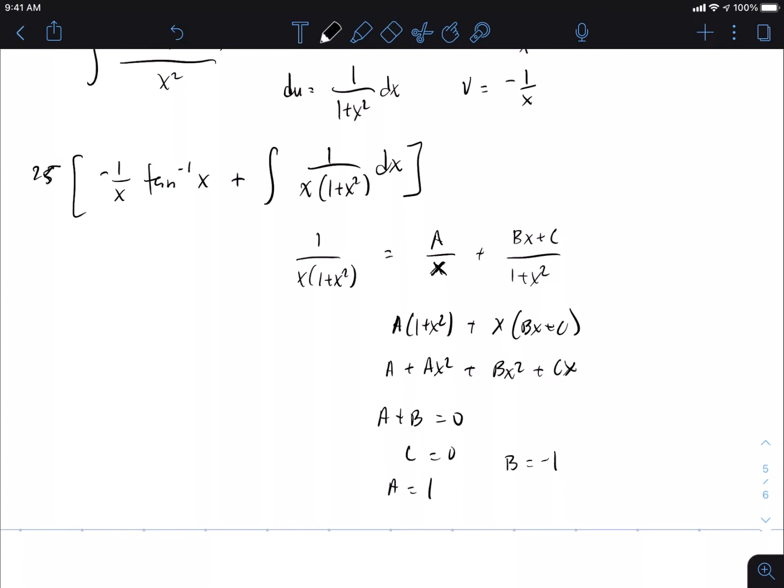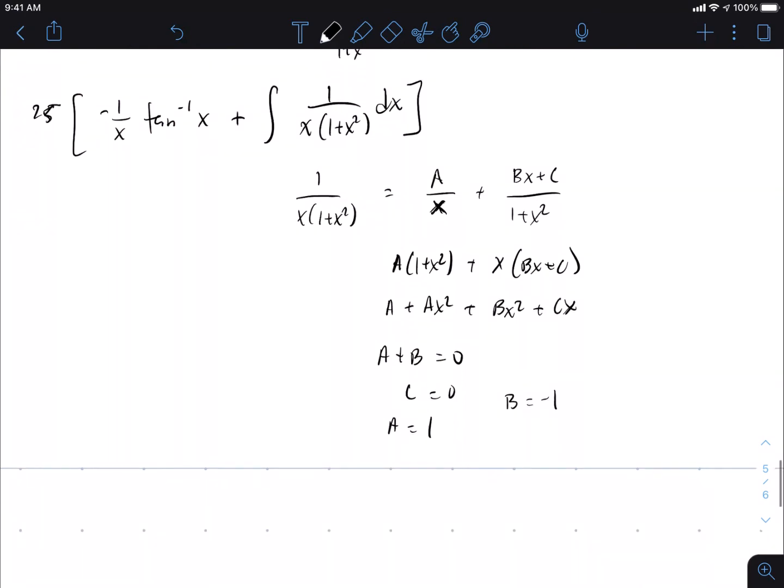Okay. So now I want to rewrite everything. Negative tan inverse of x over x plus, I'm going to get this integral decomposed.